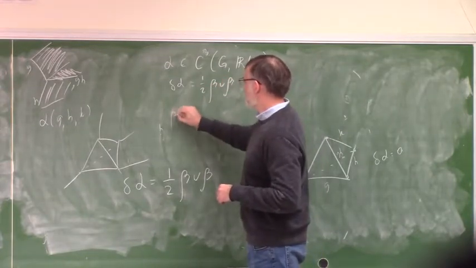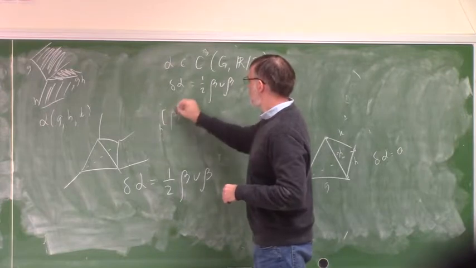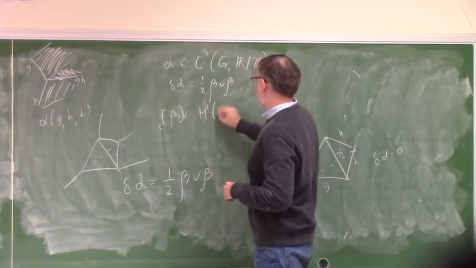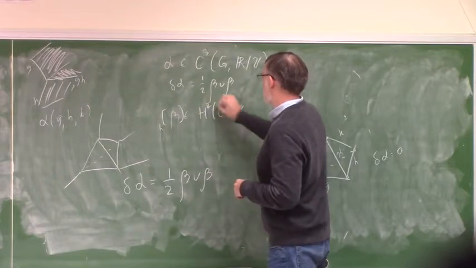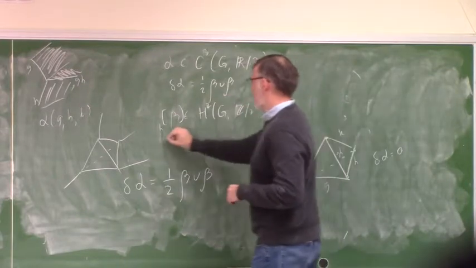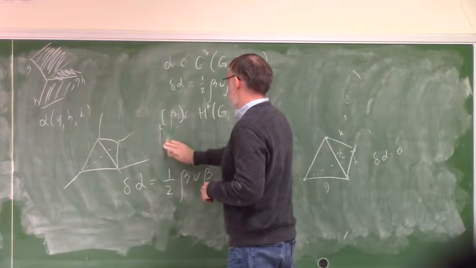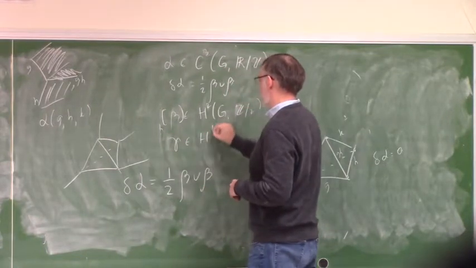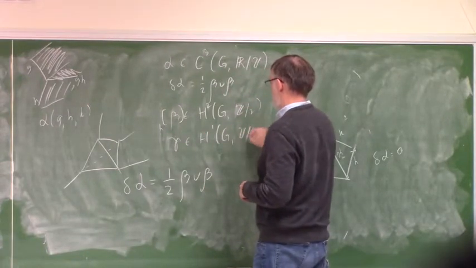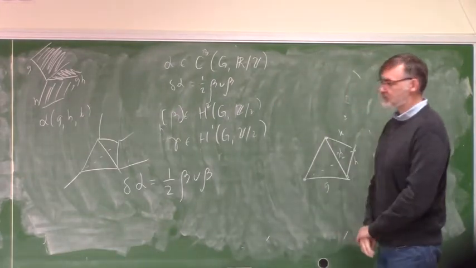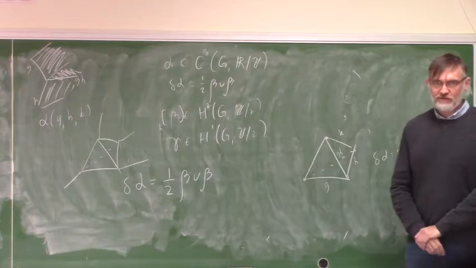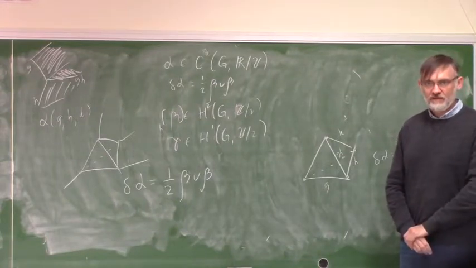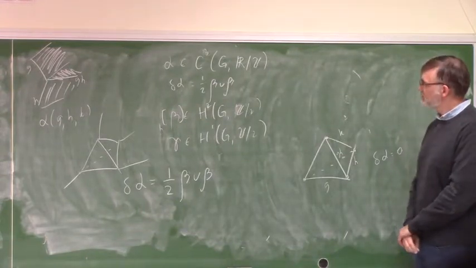You have a beta, which is like this. You have this whole model. That's a classification of, or a protocol for classifying, SPT phases with finite unitary symmetry group.